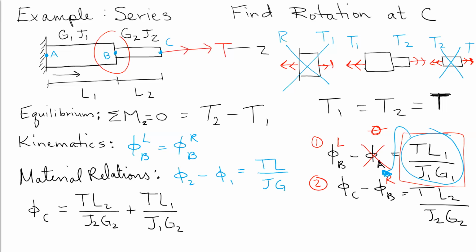Yes? The J and the G, those are constants, right? Or given. Yeah, one's a material constant, the other is a geometric constant. That should be G1 on the second part. Yes, it should.